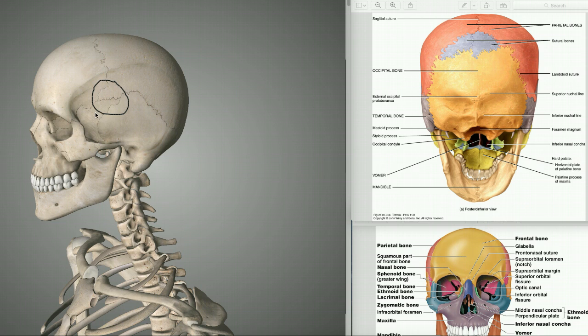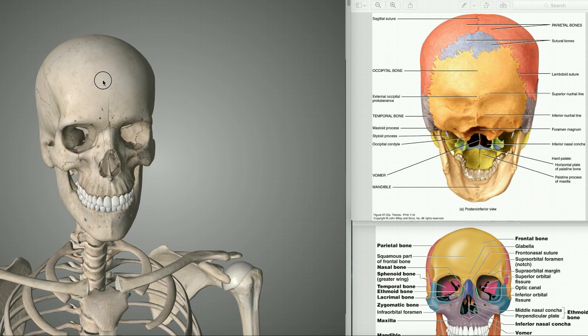This is a really weak spot and an area of fracture. If you've ever seen a James Bond movie, when someone gets a gunshot to the head, they usually aim right at the pterion, because it's much easier. It's a very weak spot, and it basically collapses all four parts of the skull: the frontal, parietal, temporal, and the sphenoid.